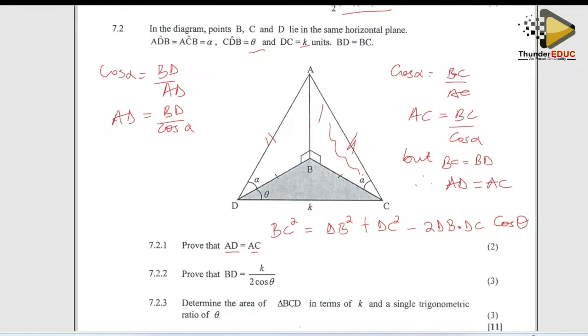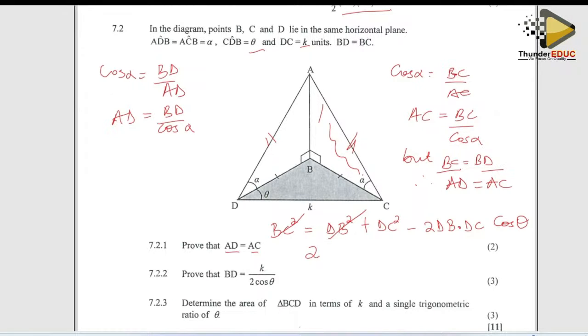Okay, but we know that BC is the same as BD. These two are the same, so I can just cross that out. What do I want? I want a BD. Okay, so DC is K. I can make this the subject.